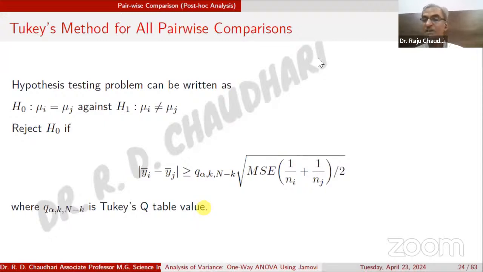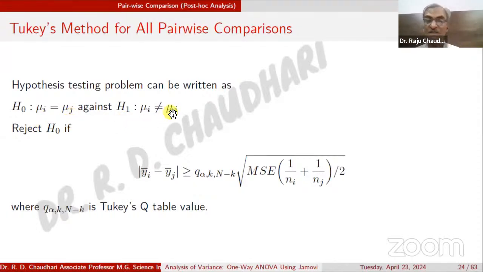Again, I'm not going into the detailed theory, just for your reference. This is Tukey's method. Once the null hypothesis is rejected, one might be interested in comparing a pair. Suppose I am interested in comparing the ith group and the jth group, so the mean for the ith group is the same as the mean for the jth group.